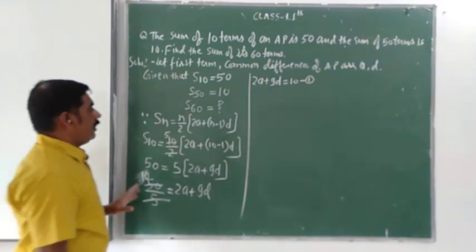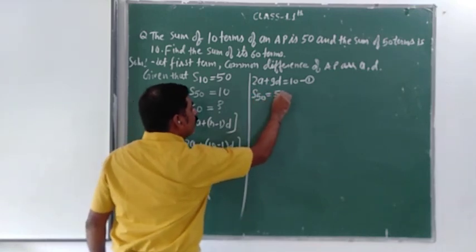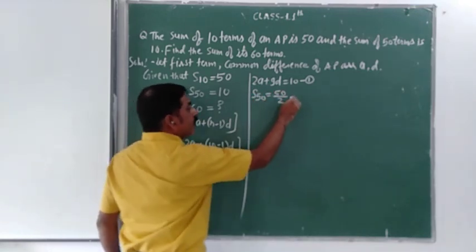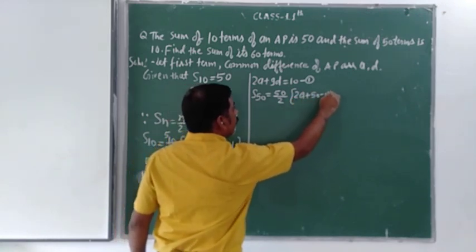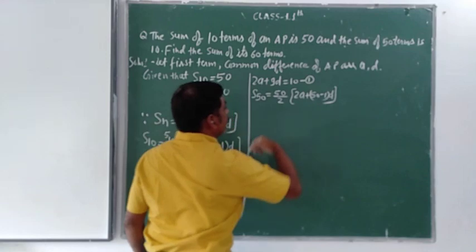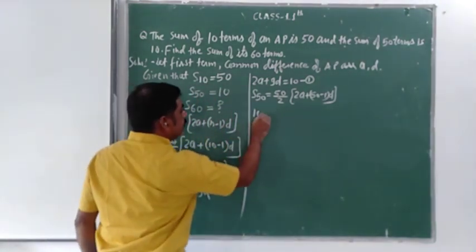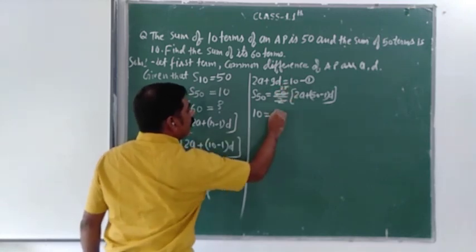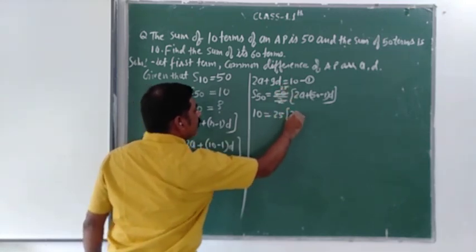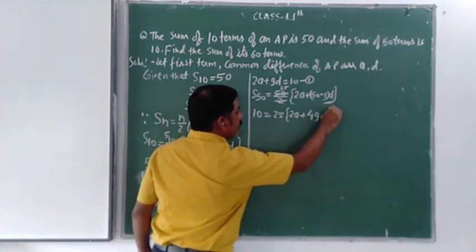Clear? Now, S50 is equal to 50 by 2, 2a plus (50 minus 1) into d. The value of S50 is 10, cancel by 2, 25, 2a plus 49d.